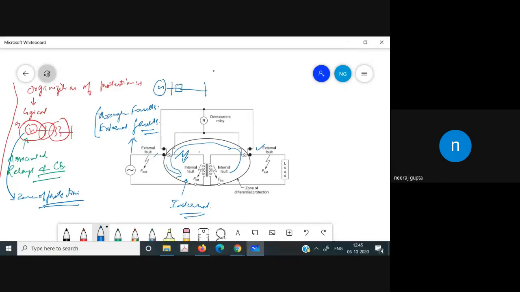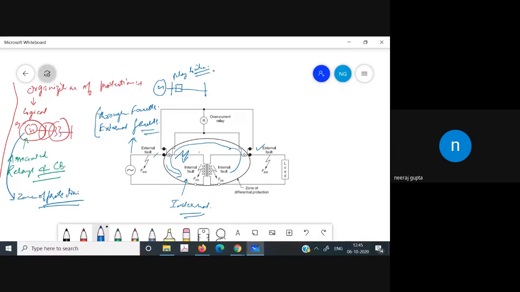Let us suppose the relay location is here. The farthest point from the relay location, which is still inside the zone, is known as the reach point.